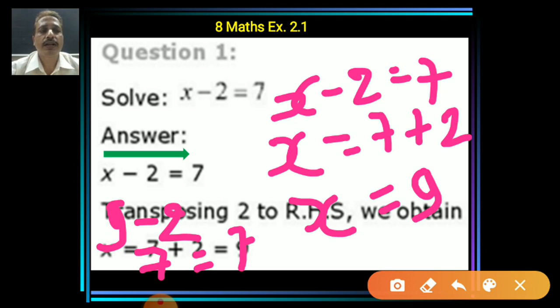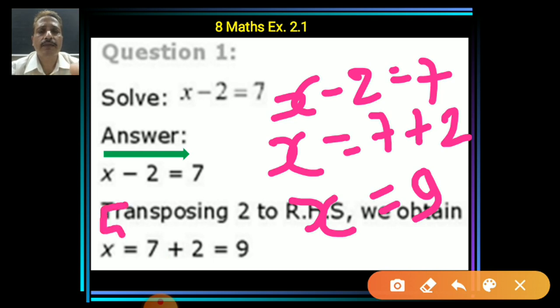Suppose by mistake any student did the subtraction and found x is equal to 5. Suppose they find the 5. So put the value of x as 5 and minus 2. Yes, my dear student, 5 minus 2 gives me 3. 3 is equal to 7? The right side is 7.